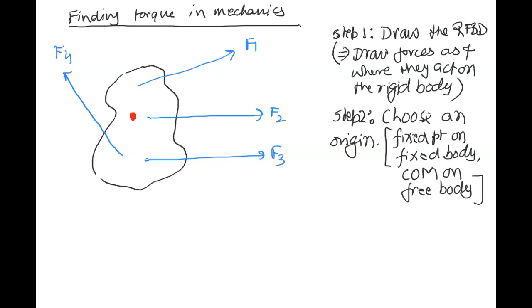For the moment, these choices of origin are recommended. You can choose other points as well, no problem, but that will complicate the calculations when you are doing the numericals. So here I choose this red point as the axis. In a free body, I'm telling you that this is the center of mass.